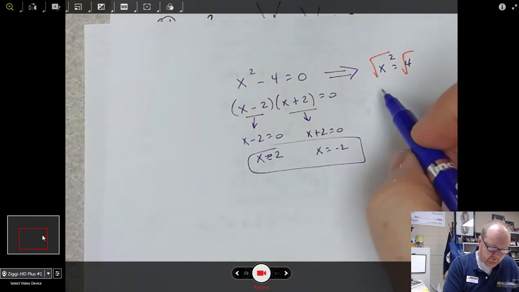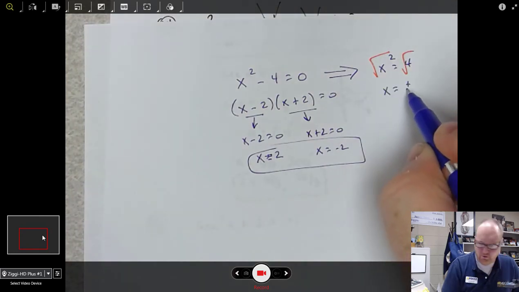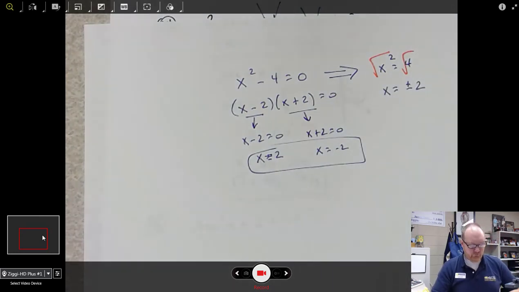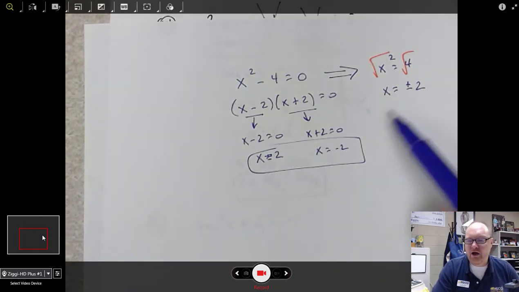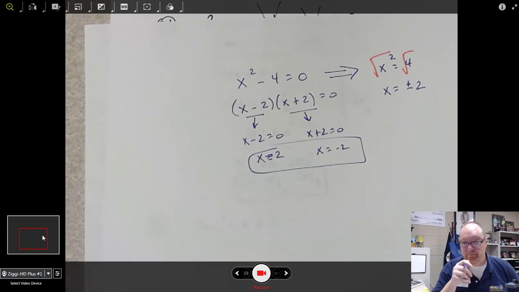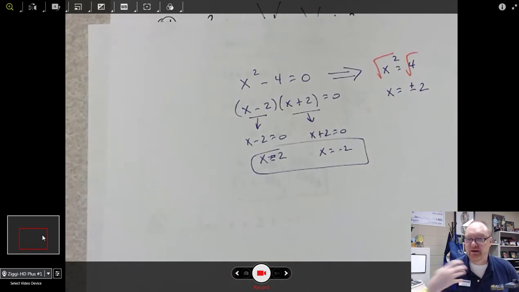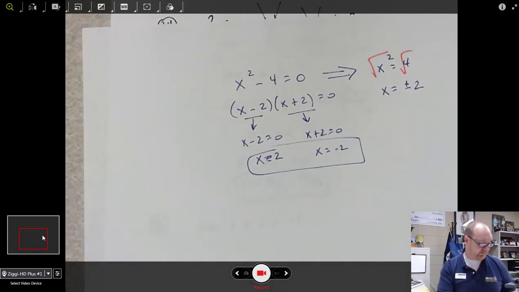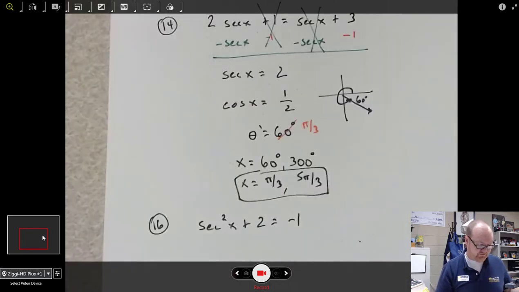But then it's up to me to remember that I have both a positive and a negative solution there. So either way I go, I end up with 2 solutions. That becomes significant in the world of trig because, again, I should end up with, on most of these, 2 factors. But because functions can be positive or negative in a couple of places, that kind of exponentiates the type and the number of solutions that I end up with.